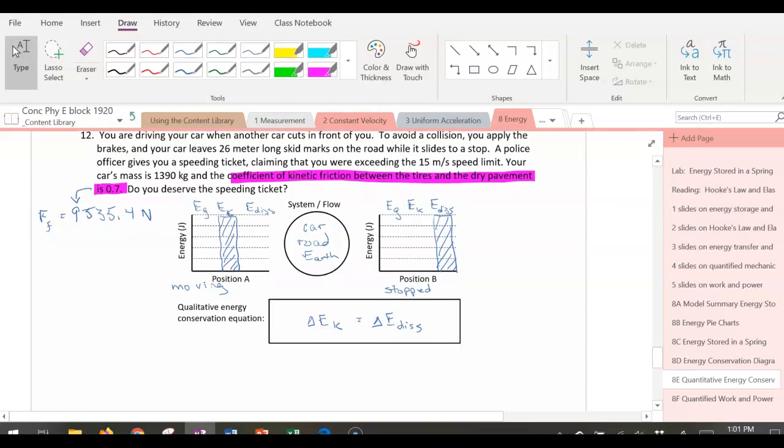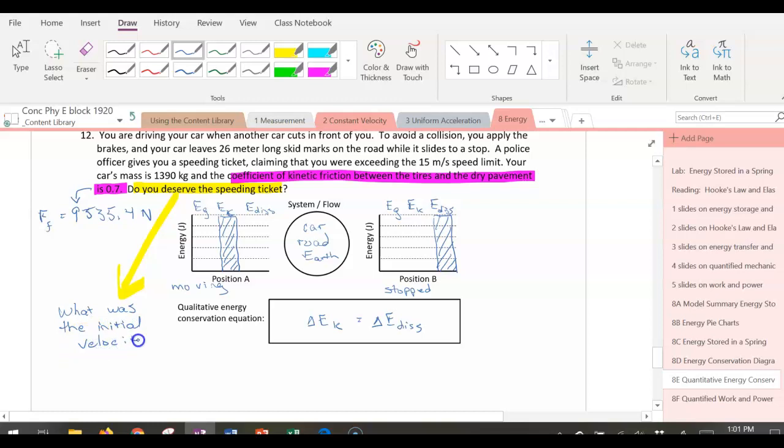Okay. And the question is, do I deserve the speeding ticket? The real question here is, what was the initial velocity?